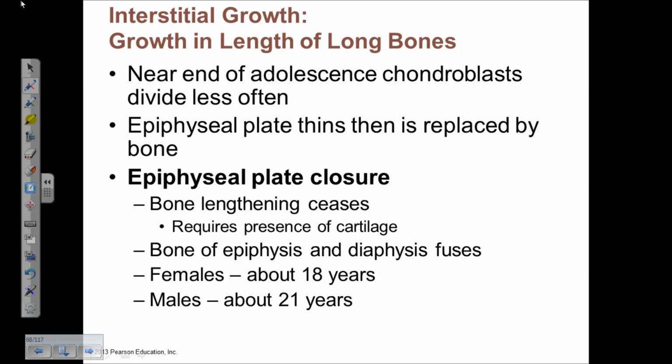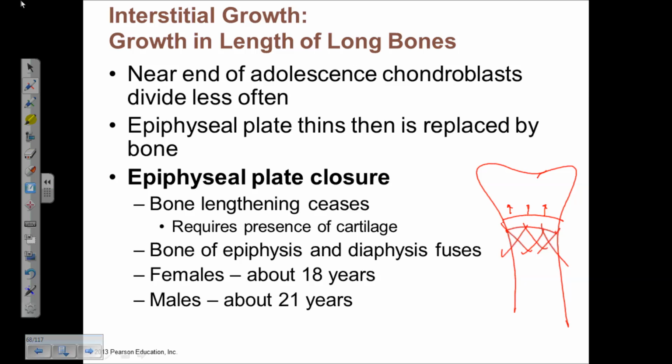So, why does interstitial growth stop at 18 or 21? Because when we get closer to that age, chondroblasts divide less often. And what happens essentially is that growth of the cartilage does not match its destruction.